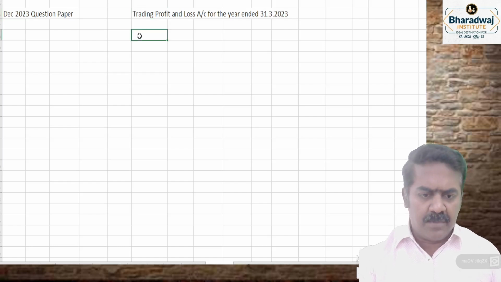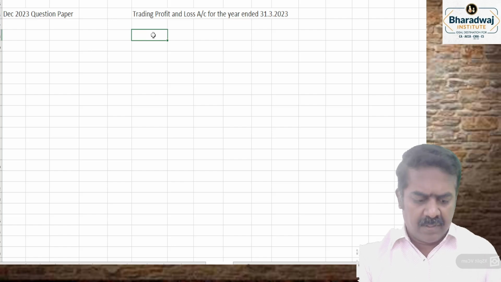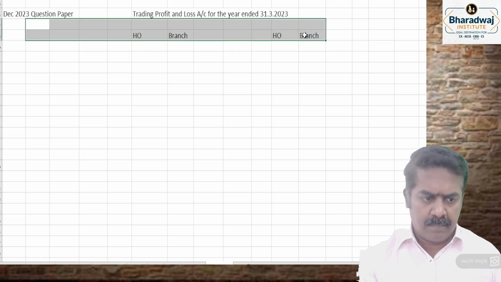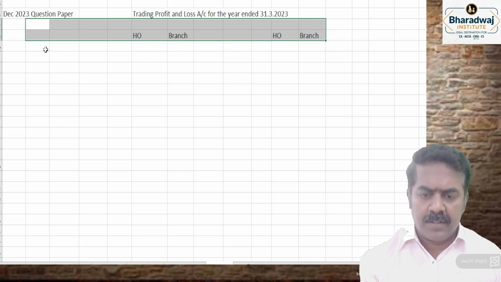We'll maintain columns: head office and branch. Start.